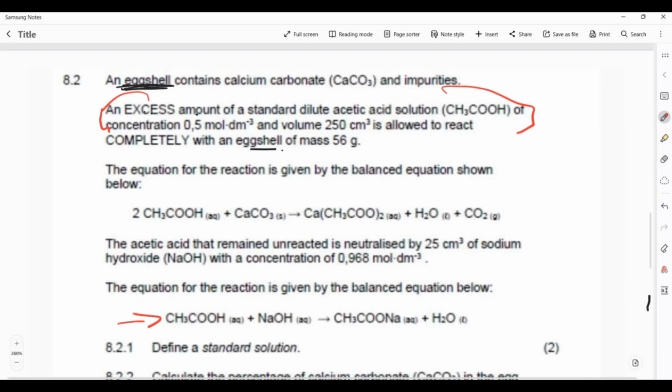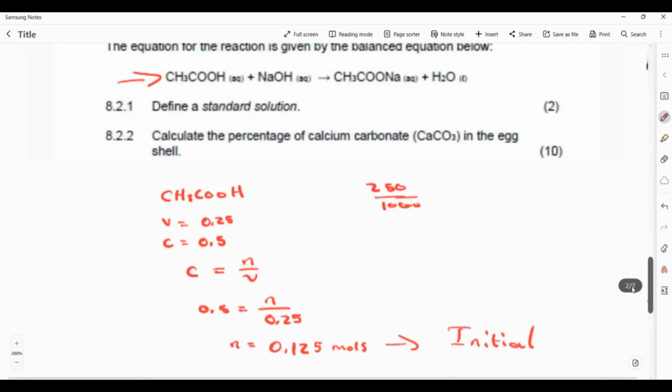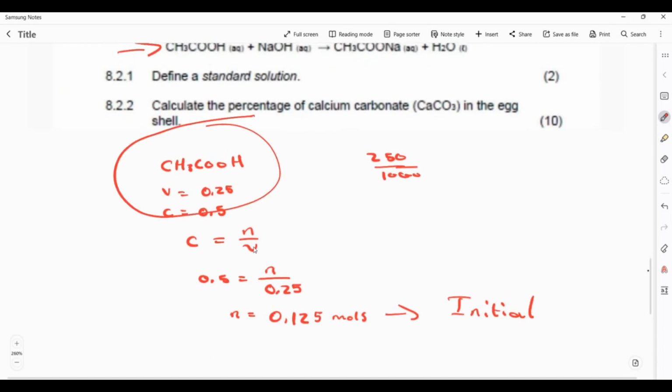Meaning, we took that acetic acid with that information and reacted it with calcium carbonate. That's why I'm saying those are the initial number of moles, because before the reaction started, we had a volume of 0.25 and a concentration of 0.5, and then it was reacted with calcium carbonate. I hope I'm clear over there.